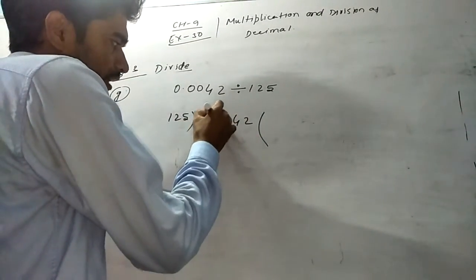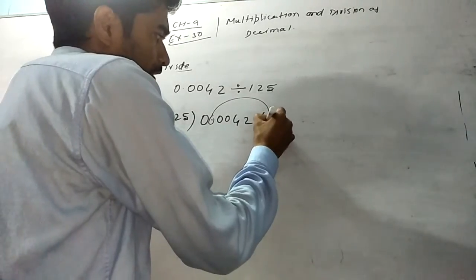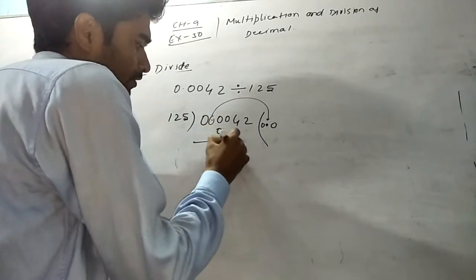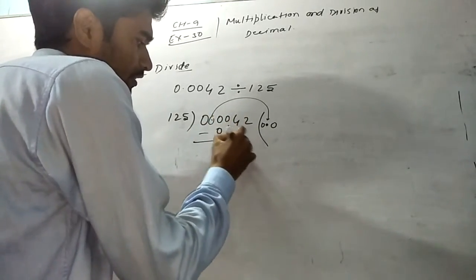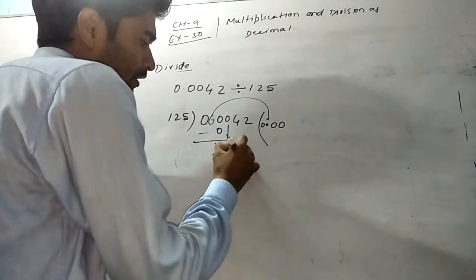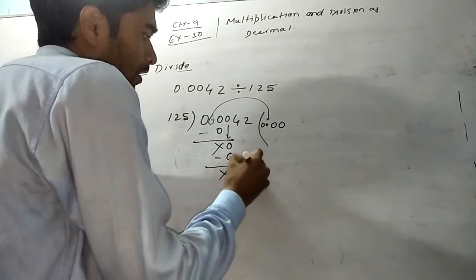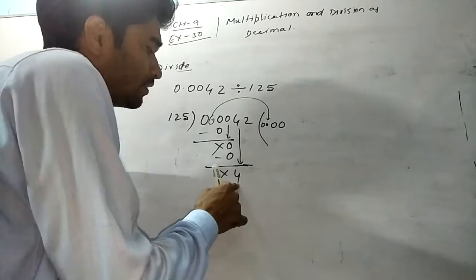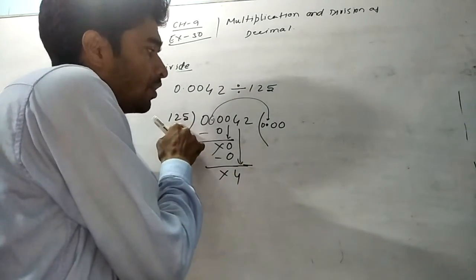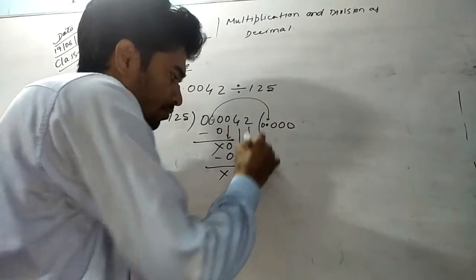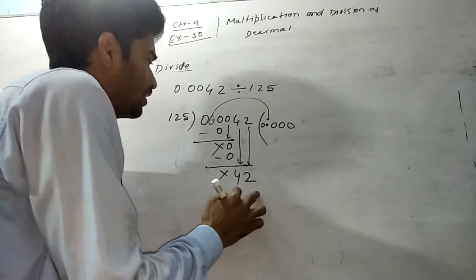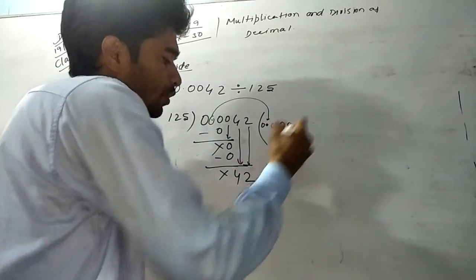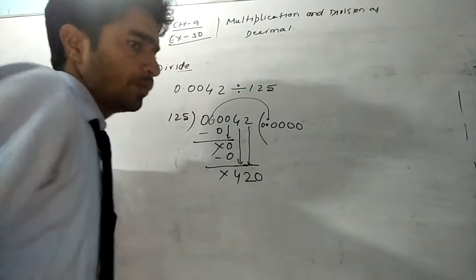So the decimal place is shifted here. This decimal, 0 times 0 is cancelled. Put here 0, 0 times 0, here again 4, and 4 is not divisible by 125, so put here 0 and put down 2. 42 is not divisible by 125, so again put here 0, and here is 0.